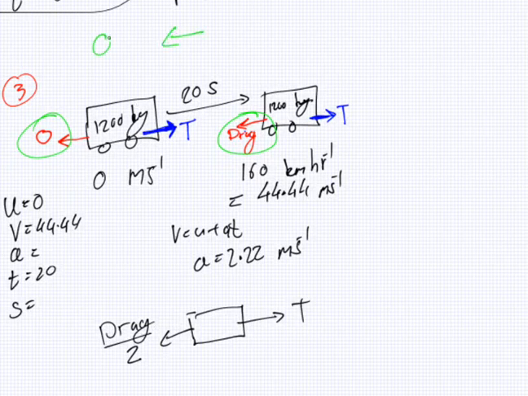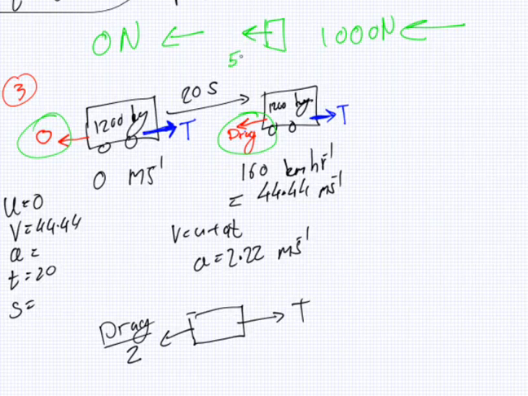Okay, can I do the next one? A 1200 kilogram car will accelerate to its top speed of 160 over 20 seconds. What is the drag force? Okay, 1200, 160, 20.